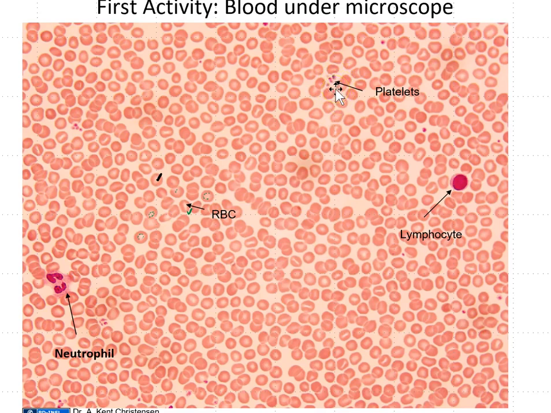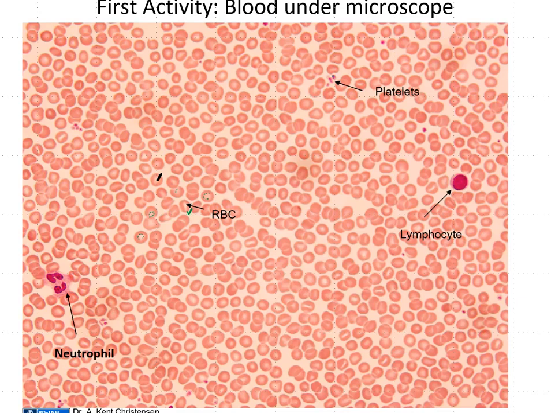And then the last elements are white blood cells, or leukocytes. When you find a big, large cell with a nucleus, it should be a white blood cell. But there are 5 different types of white blood cells. They differ in size, shape of nucleus, and staining characteristics.